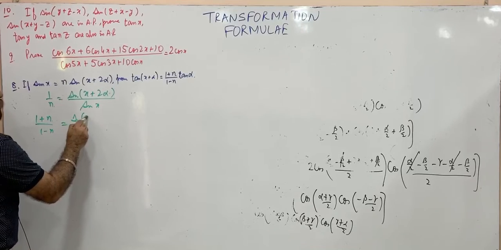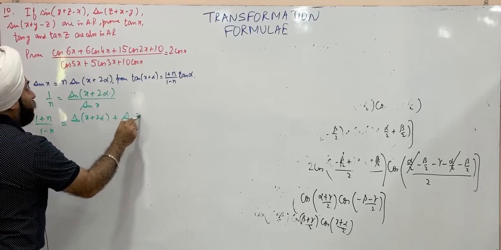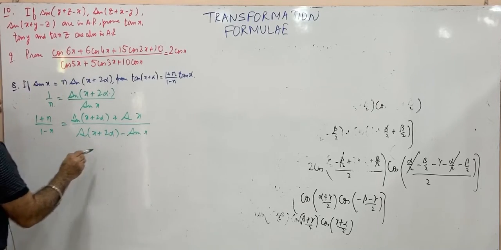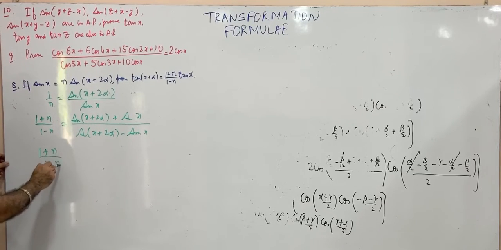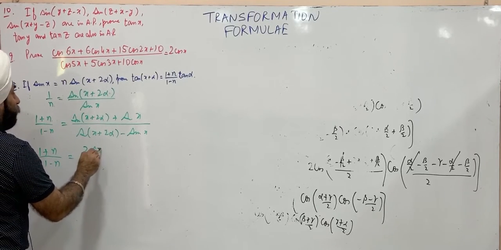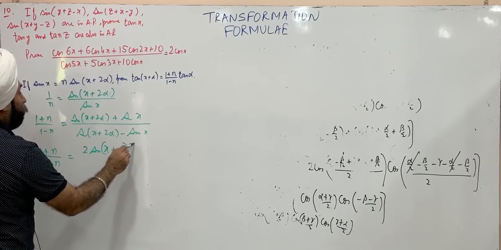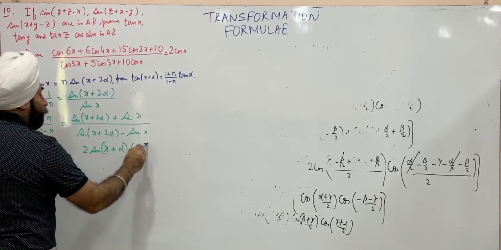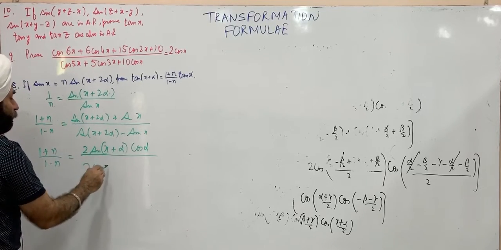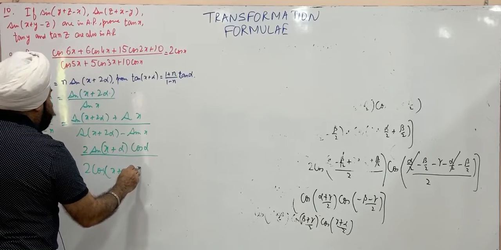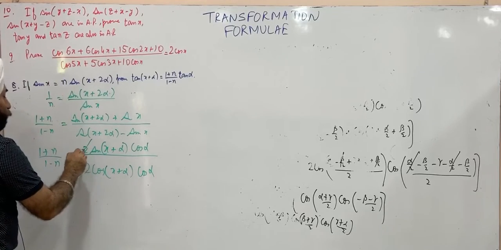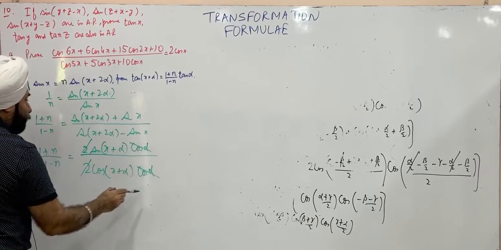this is sin (x plus 2 alpha) plus sin x over sin (x plus 2 alpha) minus sin x, equal to (1 plus n) upon (1 minus n). This is sin C plus sin D, 2 sin sum of angles upon 2 into cos of difference of angles upon 2. This is 2 cos sum of angles upon 2 into cos of difference of angles upon 2. So 2 will cancel out, cos alpha will cancel out.